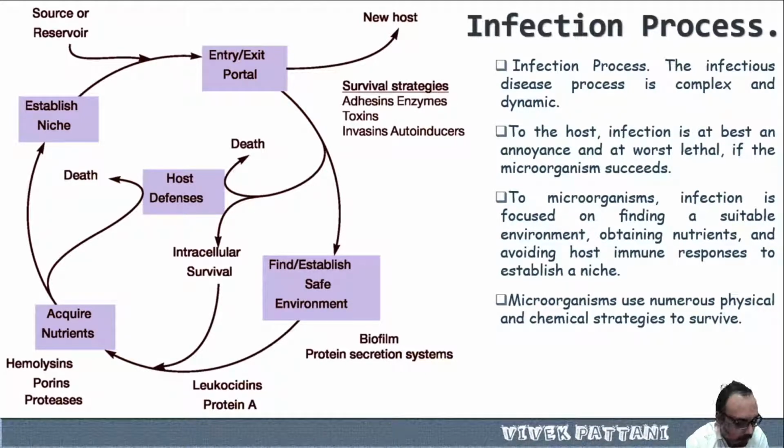Because our human body will activate our immune system against these pathogens. A successful pathogen will outcompete host cells and evade the immune system through the use of various virulence factors which are present in the pathogen.